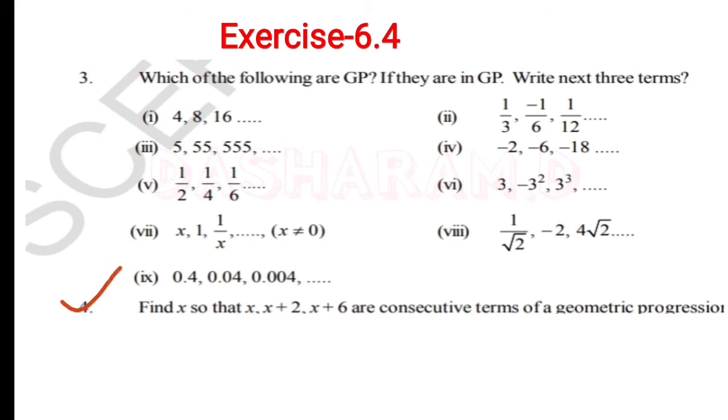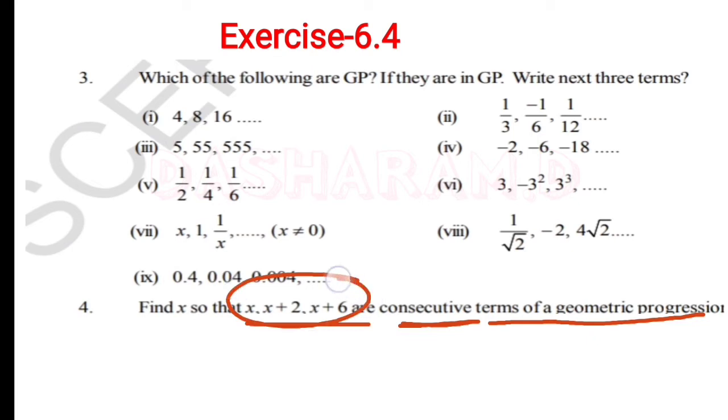Next, fourth question is very important. See here, find x so that x comma x plus 2 comma x plus 6 are consecutive terms of a geometric progression. If these three terms are in consecutive geometric progression, then what is the x value?